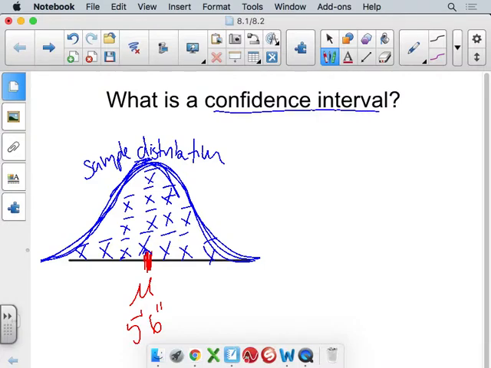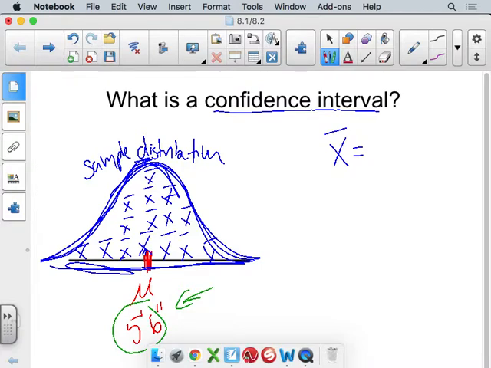A confidence interval is kind of like if we didn't have time to do all the possible samples. This is kind of a hypothetical thing. You can't do all possible samples of 50. So a confidence interval is like, what if I just took one sample of 50 and got their average height for Bryan High? And let's say I didn't know that the true average height was 5'6", and I didn't know where I was at.